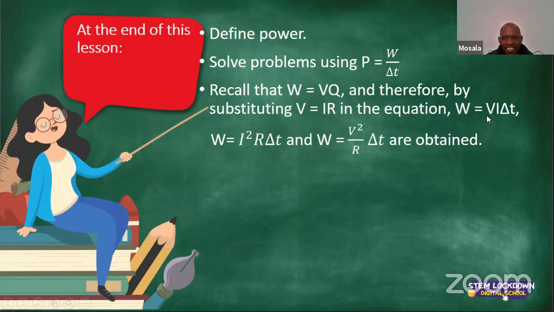It simply means here you have VI delta T. So where you see V, you substitute IR. So you have I squared because I was there, and the new R which was coming from there, and then delta T.